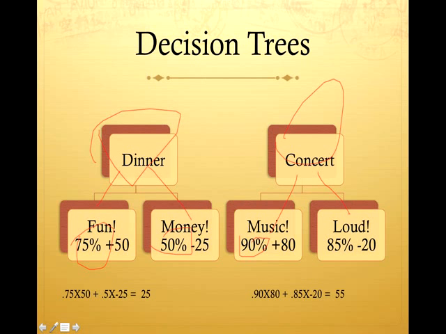So it says the utility of dinner to me is a 25, and the utility here of concert is a 55. So I would pick the concert because I weighted it so heavily. So utility is this bottom component here, whereas each piece adds up to create utility.